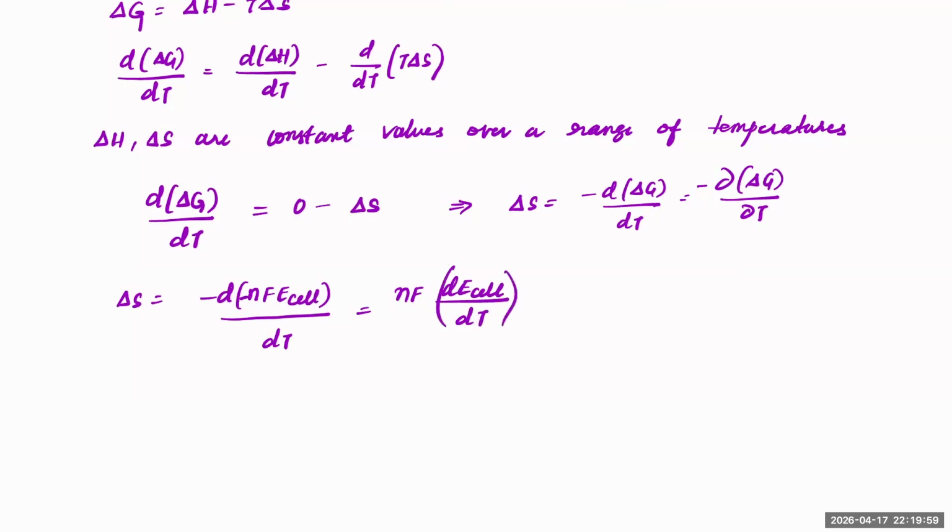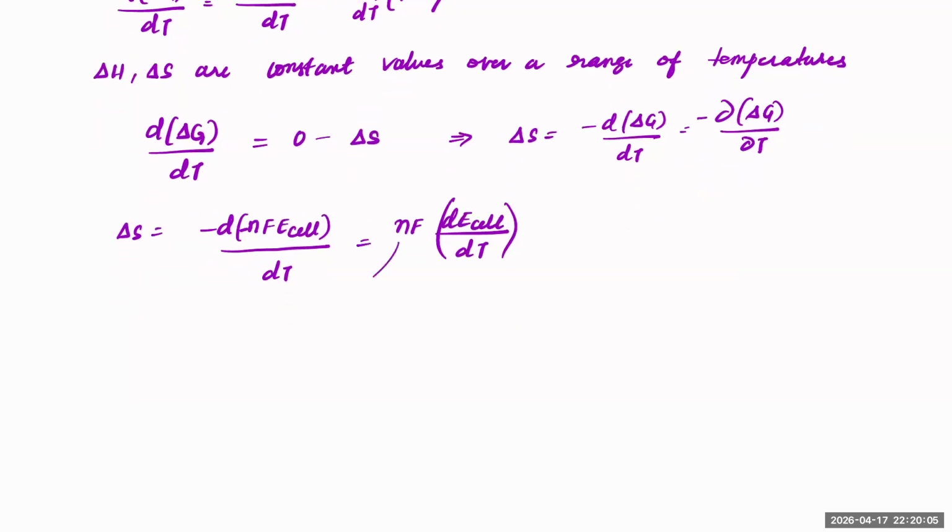And this is what we define as temperature coefficient. So if I take this NF to the left hand side, what do we get? I will get d E cell by dT, which is the temperature quotient, which I write as eta, will be equal to delta S by NF.